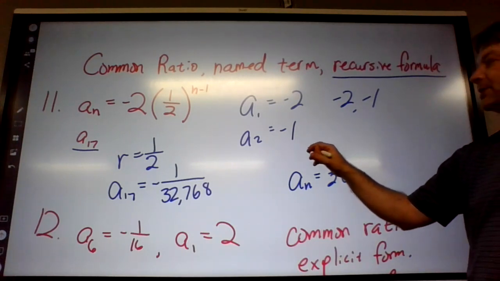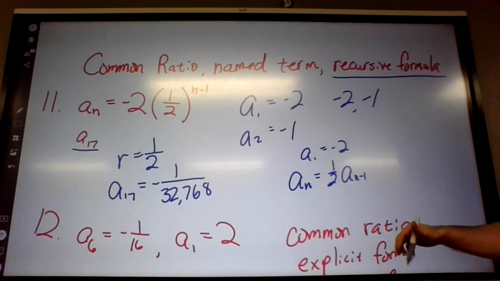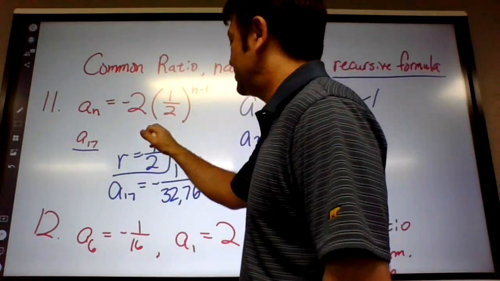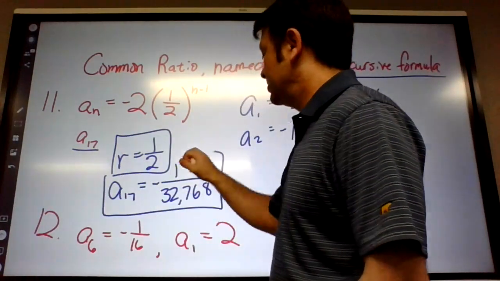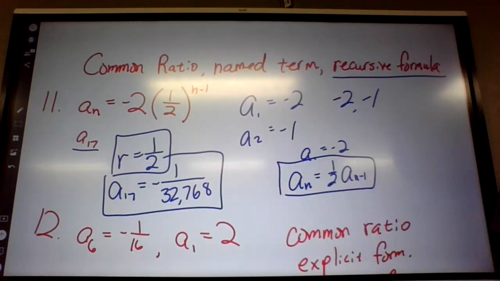Technically, you're supposed to say what the first term is, but I probably won't grade on that. Just skip that part, it's fine. So you got that, common ratio, that is the 17th term. This is the recursive formula.